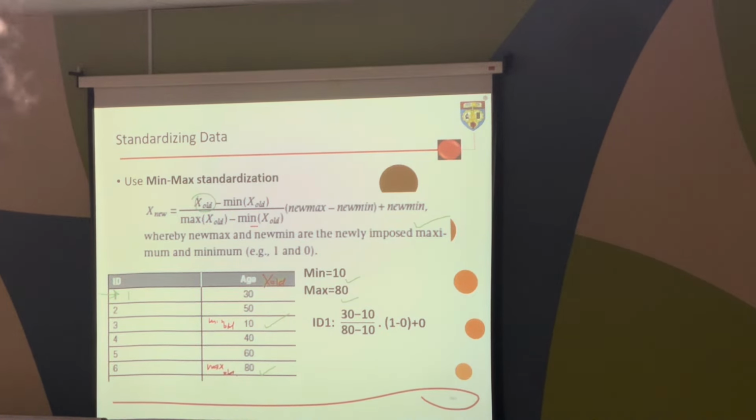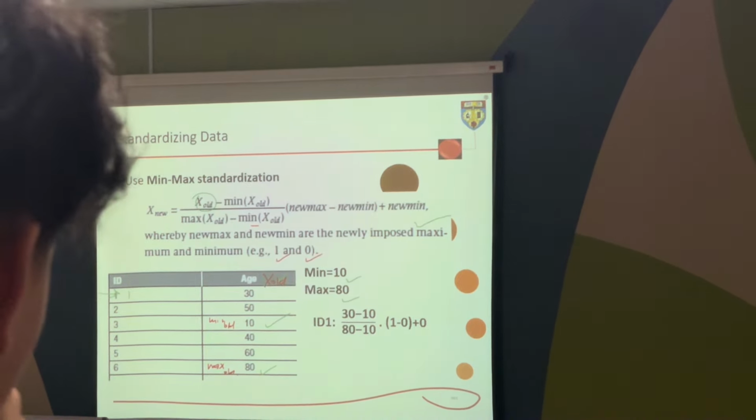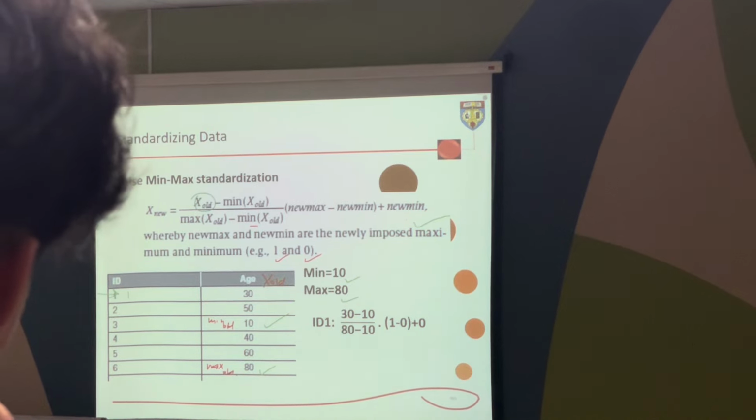And then we multiply with the new maximum, which is 1, minus the new minimum, which is 0, plus the new minimum, which is 0. So what is the answer?